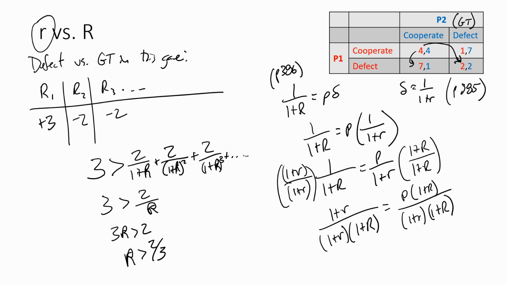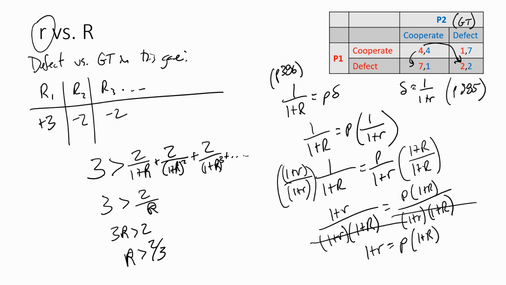I've multiplied both sides by 1, so that's totally allowed, and it works out to be like that. Well, that means they both have the same denominator now, so I can just cancel that out. And I have 1 plus lowercase r equals p, the probability that the game continues, times 1 plus capital R.